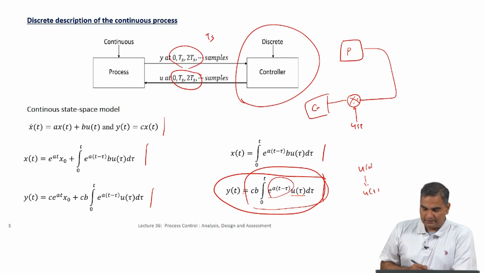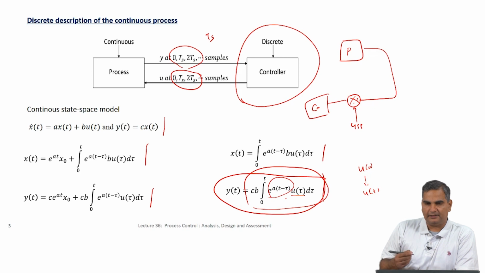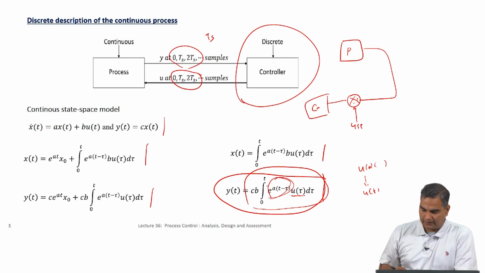If you look at this integral and think of integration as a sum, then since tau goes from 0 to t, u(0) is multiplied by some number here, the next u will be multiplied by some number here, and so on.